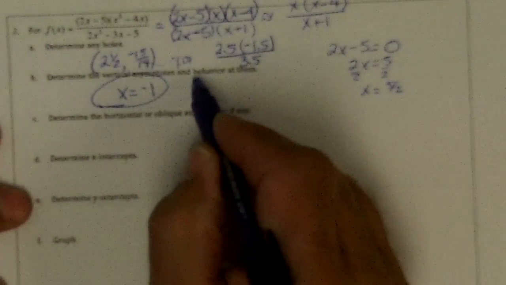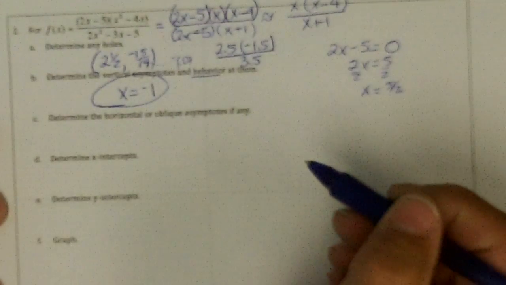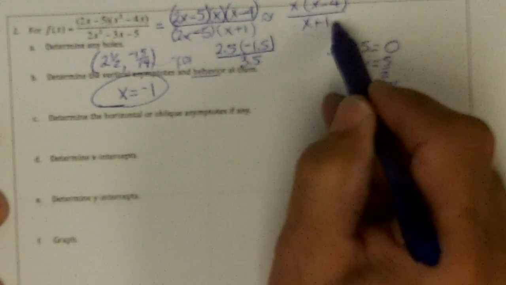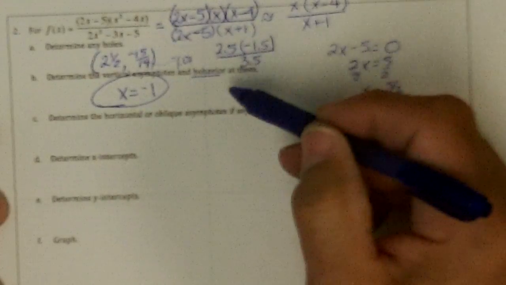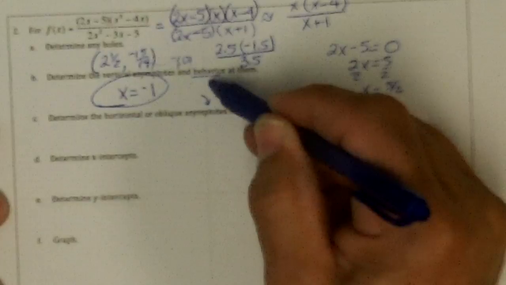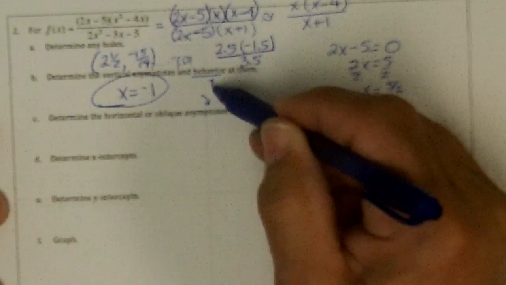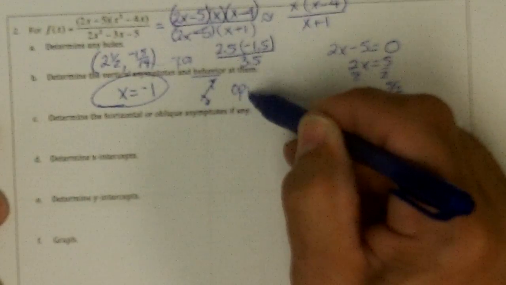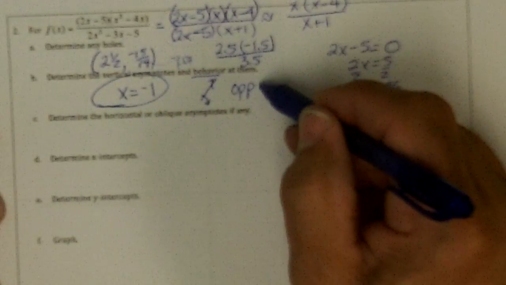And I asked for the behavior at that vertical asymptote, and since it's a single factor, it's not squared, then it's going to go opposite directions on either side of the asymptote, either that way or the other way. So I'll just say they go opposite directions either side of the asymptote.